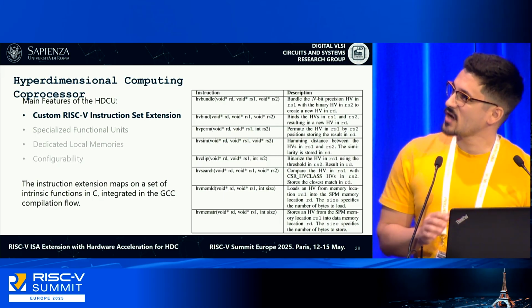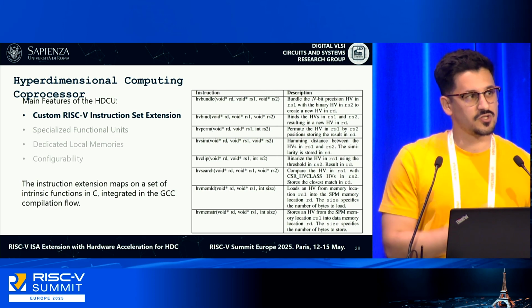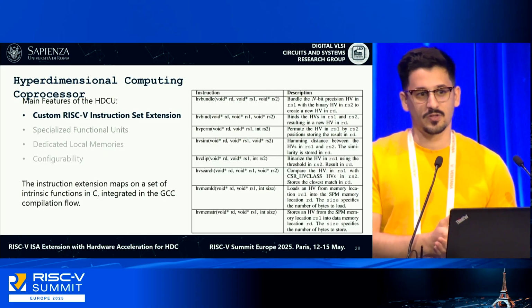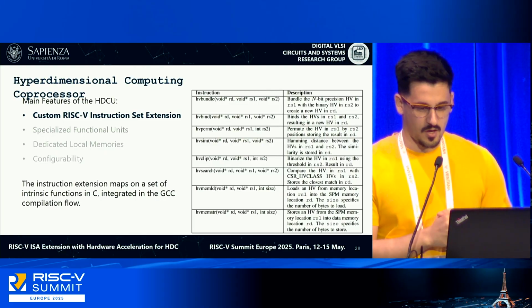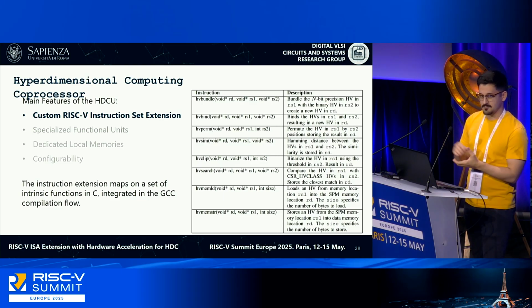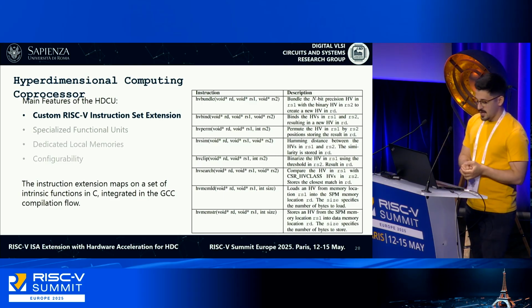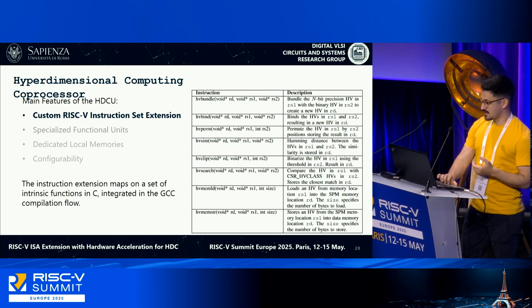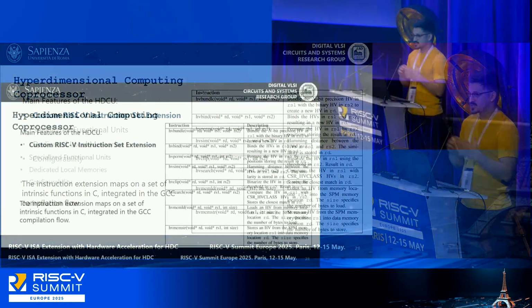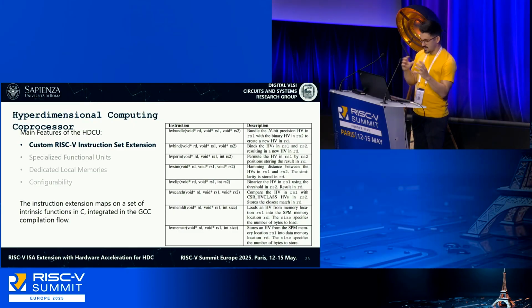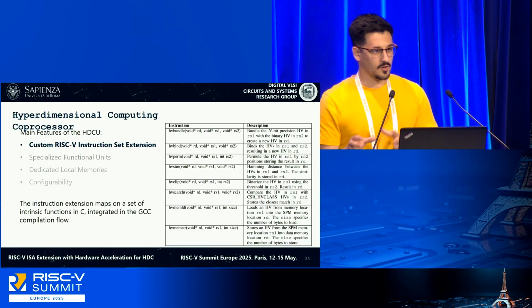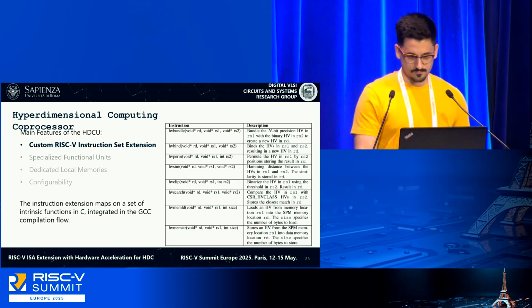These instructions are fully integrated into the GCC toolchain and are exposed as simple intrinsic C functions, making them easily accessible from high-level code. And thanks to this modular design, developers can implement virtually any HDC algorithm just by combining these instructions, without the need to worry about the low-level hardware details.